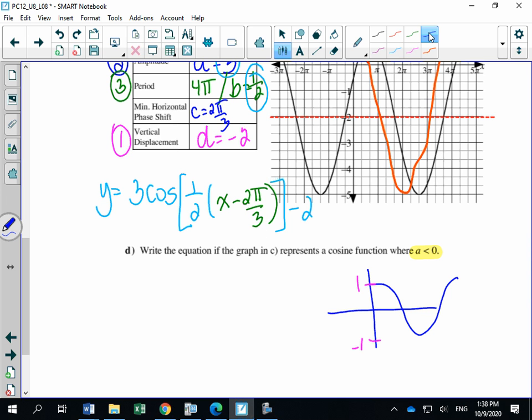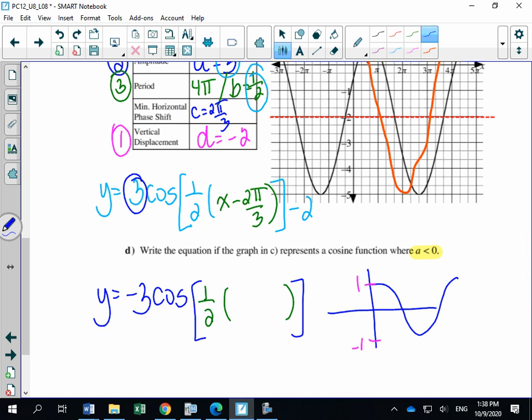So my new equation is going to be this: 3 becomes -3, cos, the 1/2 stays, my shift will change, and -2 will stay. Okay, we need to figure out what the shift is.